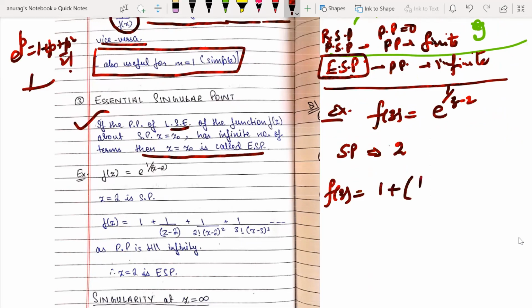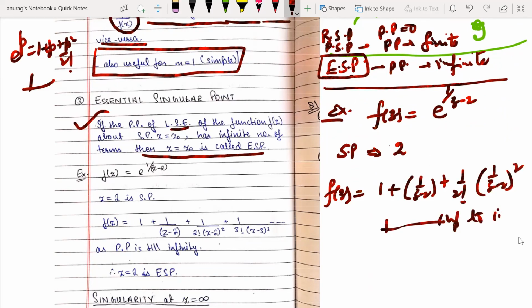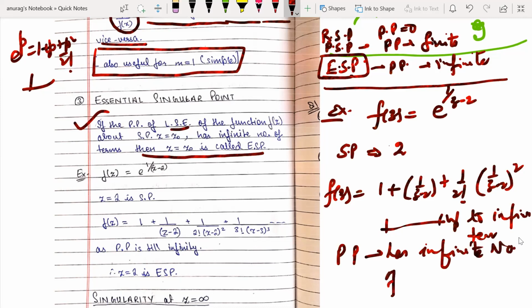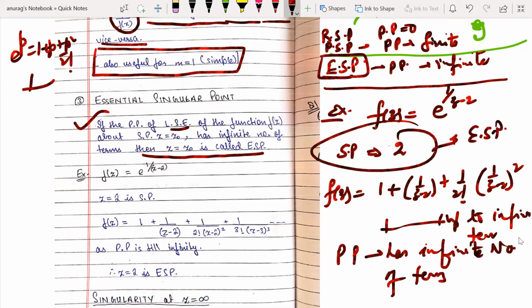So it will become 1 plus 1 over (z minus 2) plus 1 upon factorial 2, 1 upon (z minus 2) whole square and so on up to infinity terms, and you can see that all the terms have negative power if you take it in the numerator. Therefore, the principal part has an infinite number of terms. Therefore, z equal to 2 is an essential singular point here.